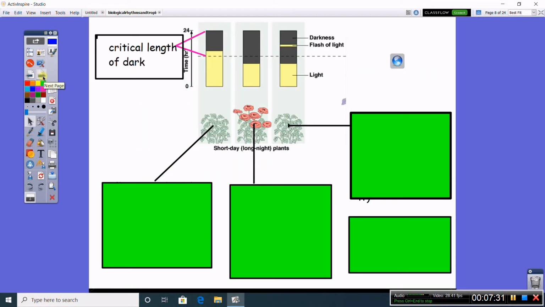Okay, so let's look at these diagrams, because you have to be able to interpret these. This is showing you the amount of light and the amount of dark, and for it to be a long night plant, in order to flower, it has to have more than this critical period of dark.